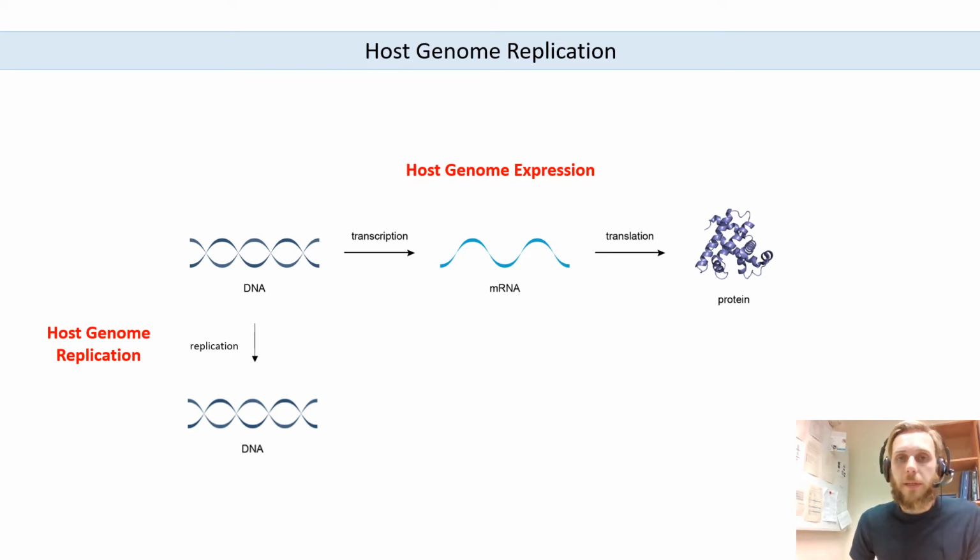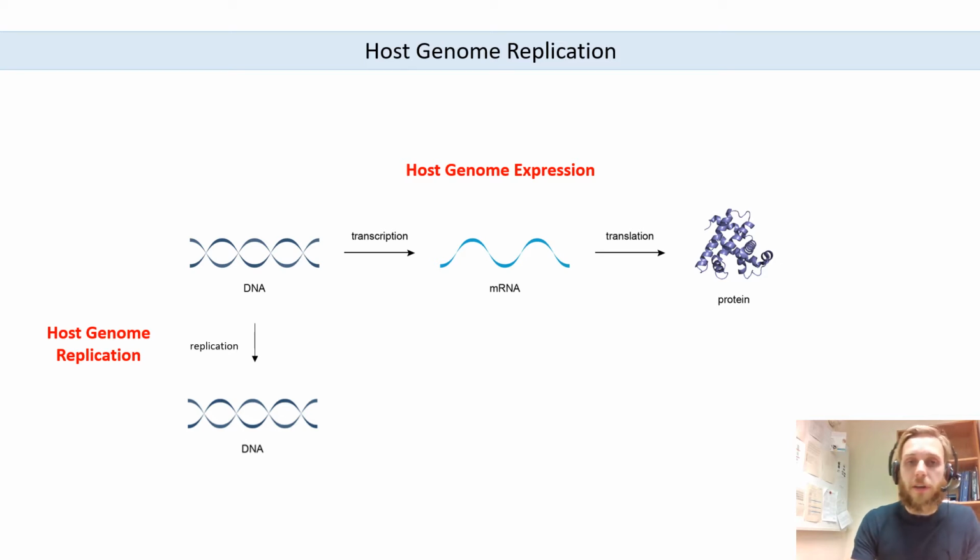Next, genome replication. Host genome replication is represented here. And what you'll see is it's obviously, as I'm sure you know, a different process to genome expression. Again, in host genome expression, we have a DNA template, that's the DNA genome. This is used to produce RNA, and then this RNA is translated into protein.